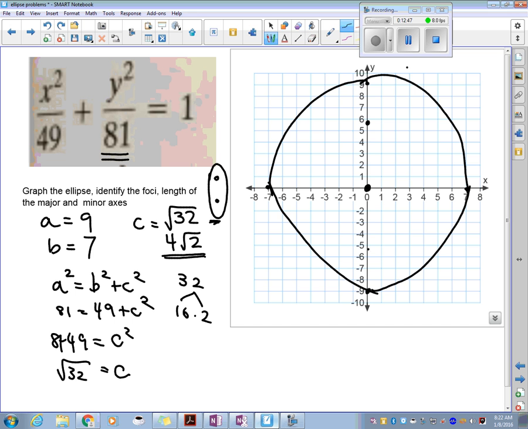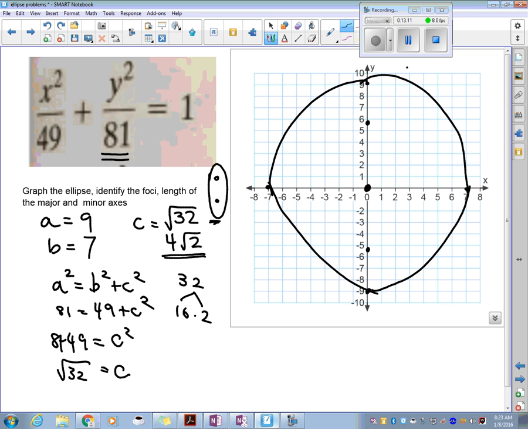Does that make sense? If we were putting our pins in here and we had a string around these pins that would reach here, and then these 2 pins were here and we traced out those 2 strings, it would make that ellipse. So we just do whatever C is. That's like how we get the foci. Right. So let's answer the question now.